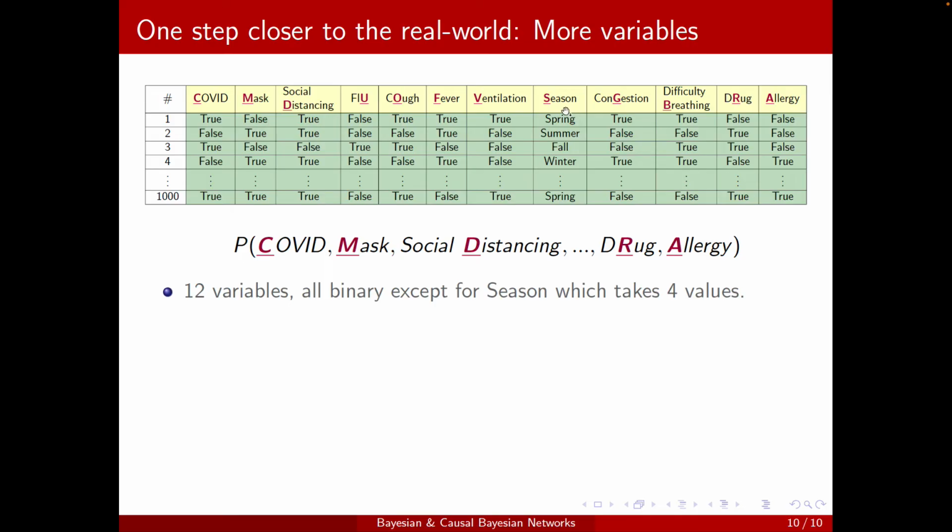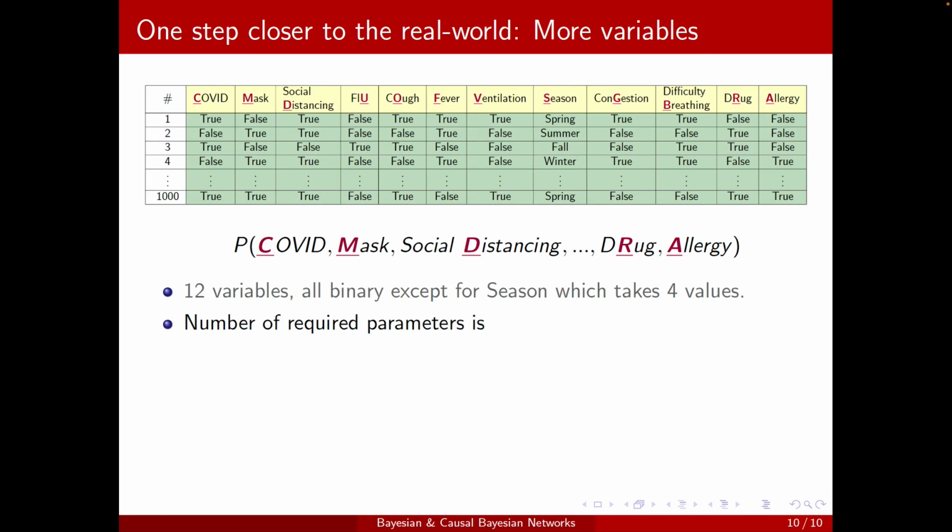This one, unlike all the other ones, takes 4 values. Congestion, difficulty breathing, whether they use drug or not, and allergy. Okay, how many individuals? Well, if you have a really good data set, it will be 1,000. In most of the cases, it's much less.